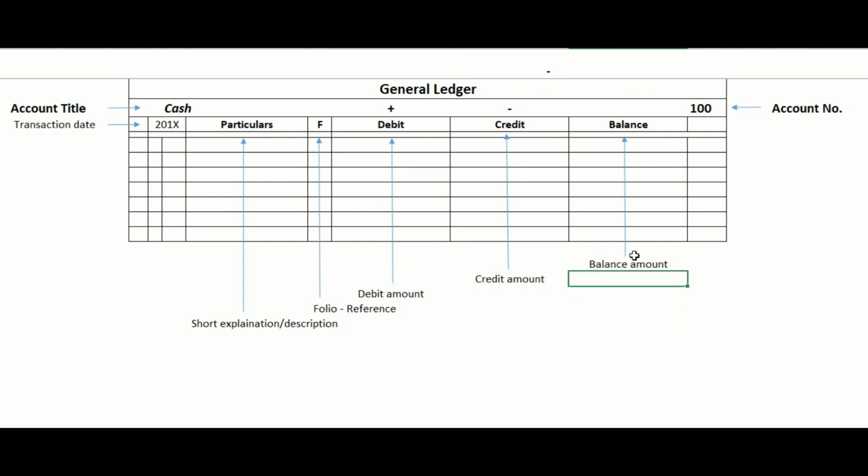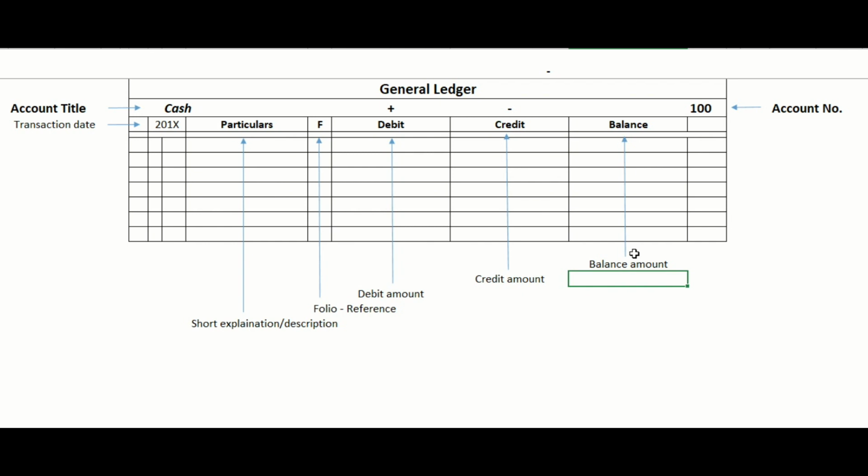So, the application now of the normal balances of an account. Again, for the asset, we have the normal balance of debit, for the liabilities, credit, and also the capital, credit.